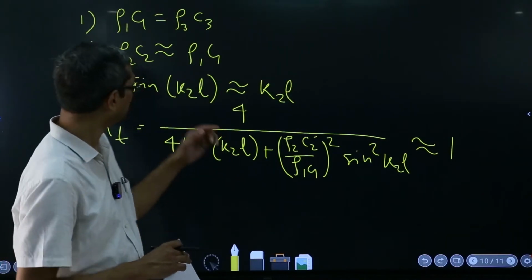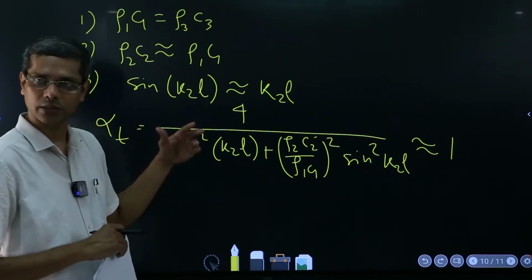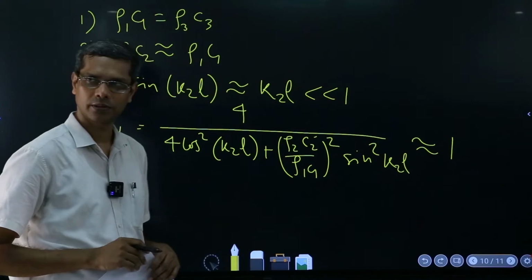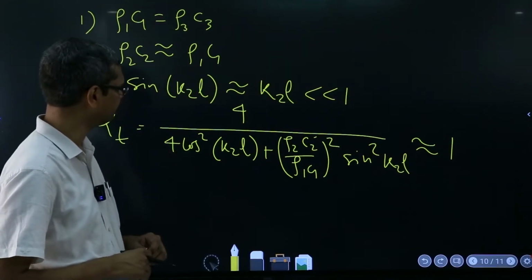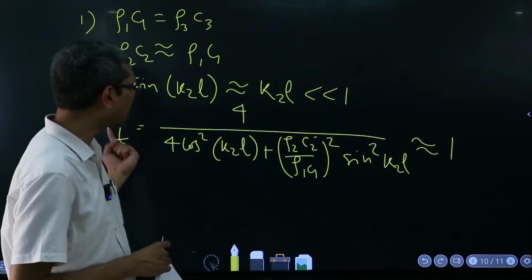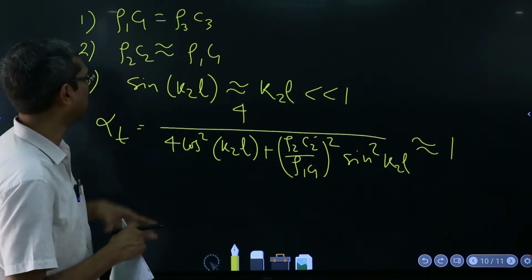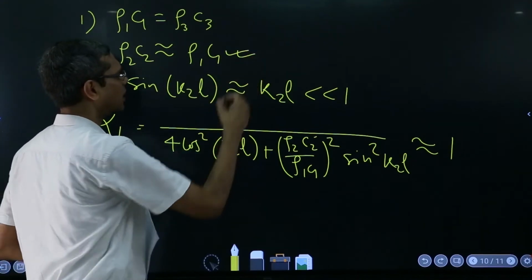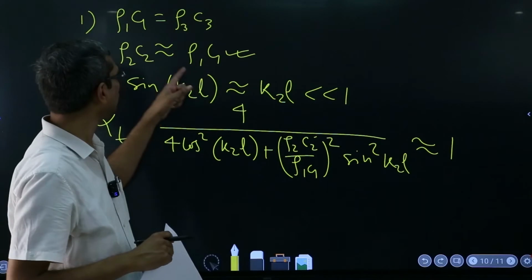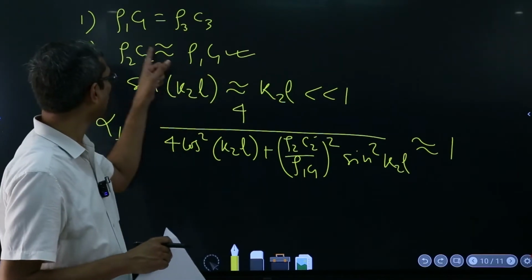So if you consider all three expressions, K2L is very much less than 1, and then you get alpha t to be 1. This itself should give you the feeling that there is no impedance mismatch happening.